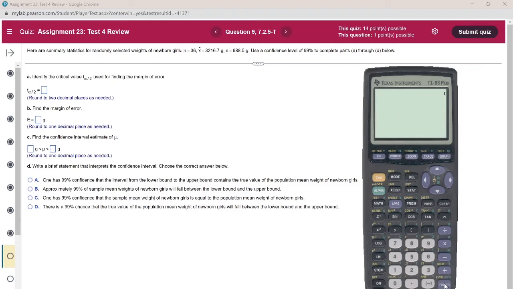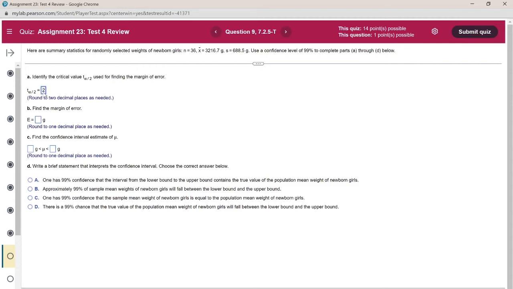When we hit calculate, it gives us a confidence interval, and the upper value is our t value, which is 2.7238. Rounded to 2 decimal places, it's 2.72. That's how we find the critical t value.